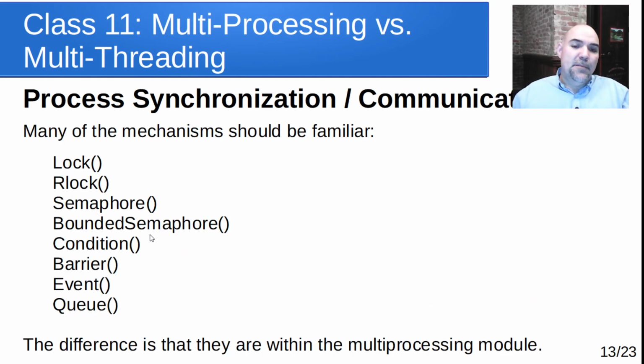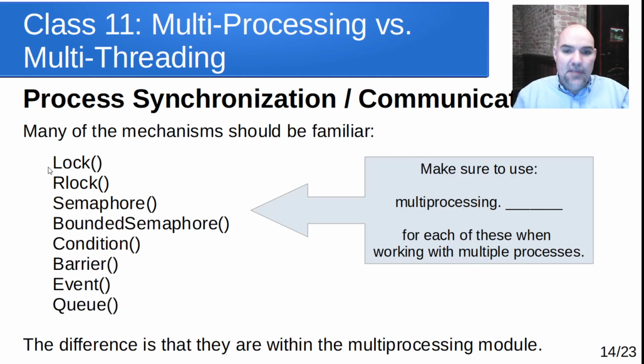All right, now the mechanisms for multiprocessing are going to look really familiar. Lock, RLock, Semaphore, BoundedSemaphore, Condition, Barrier, Event, Queue. Those all exist. One difference, though, is that these are not in threading. So we don't use threading.Lock. We would use multiprocessing.Lock. So that's the first thing.